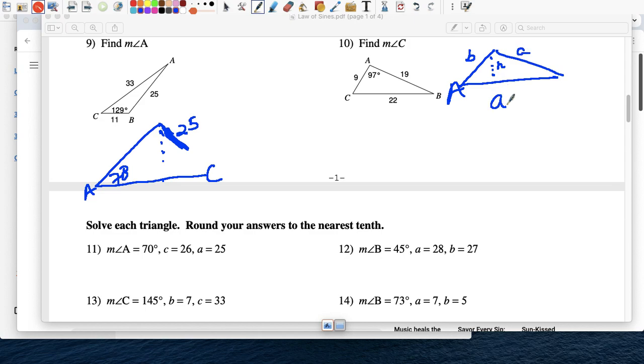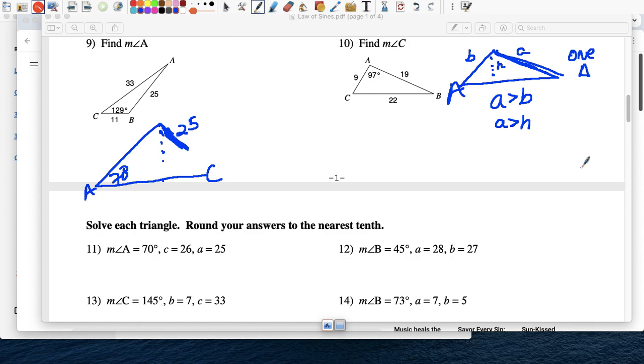If little a is greater than B, and little a is greater than the height, then this side over here can form a triangle. It's long enough to come down and make the triangle. So that's one condition. We can make one triangle.